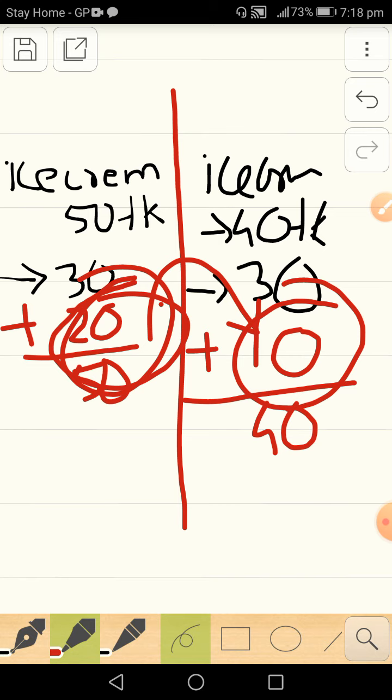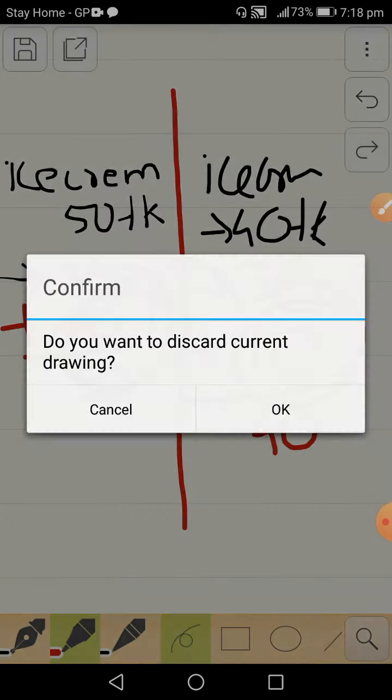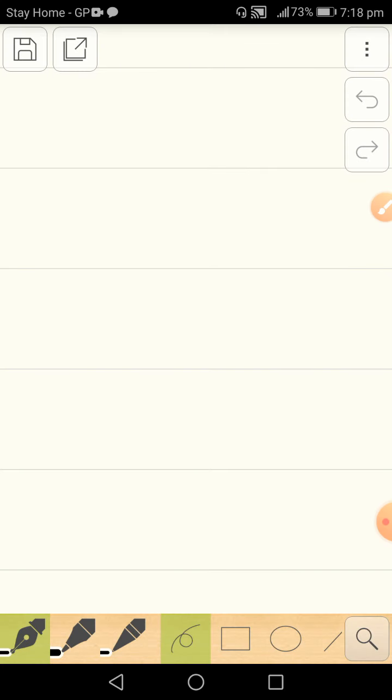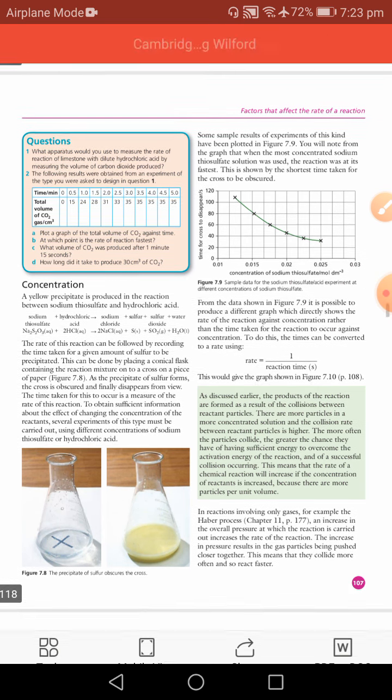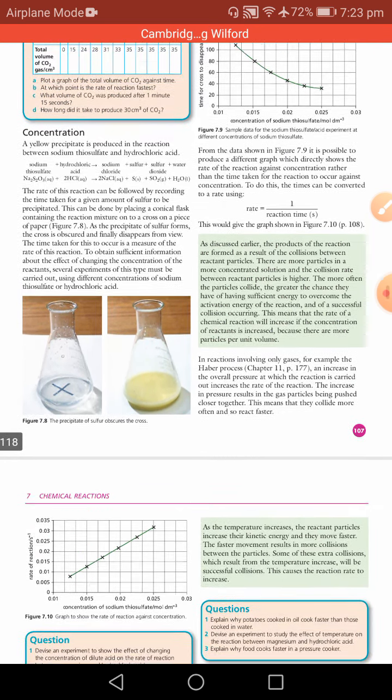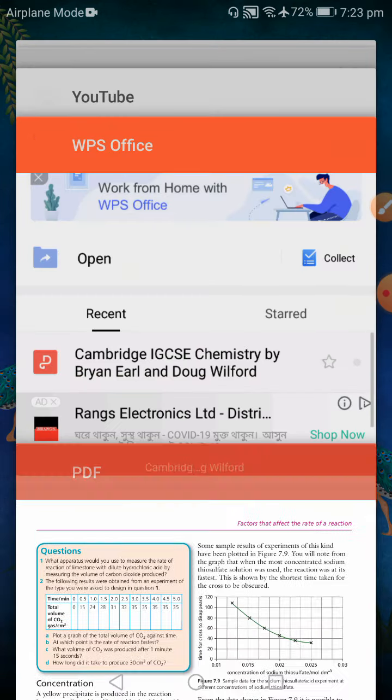Let me tell you one thing. Let me go to my lecture on chemical reactions. But I think instead of going to the YouTube videos, we can redraw a diagram over here.